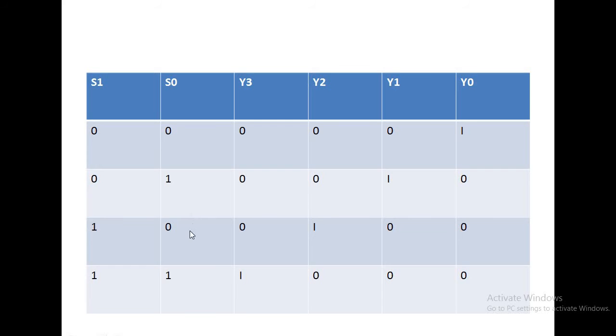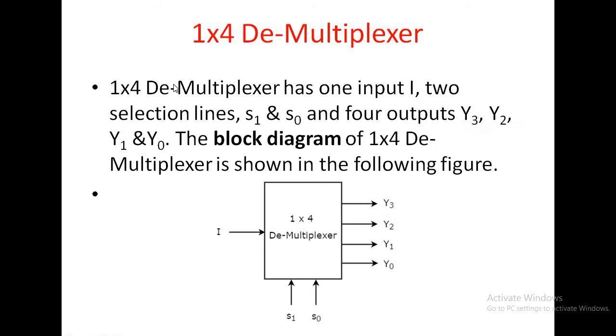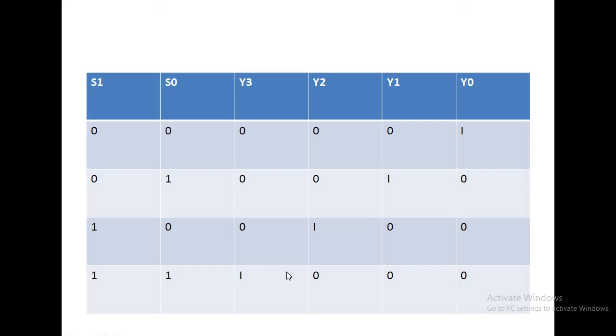So this is the truth table of your 1 cross 4 demultiplexer. See, S1 and S0 are the selector lines. 2 selector lines are there, so what are the different values? 0 0, 0 1, 1 0, 1 1.